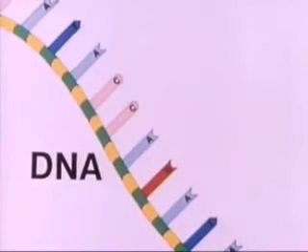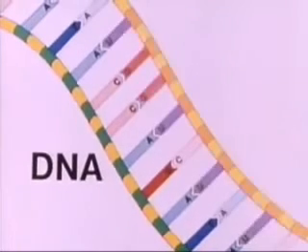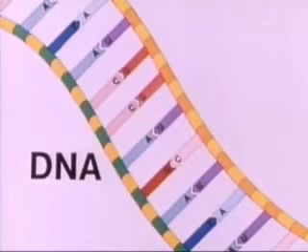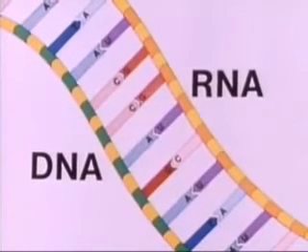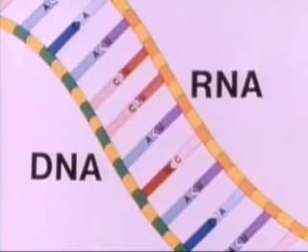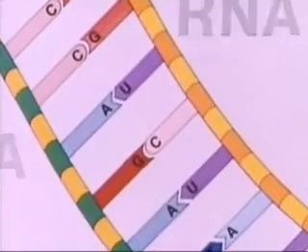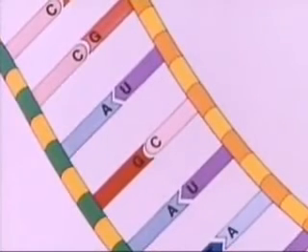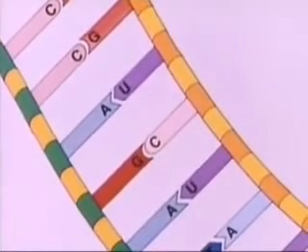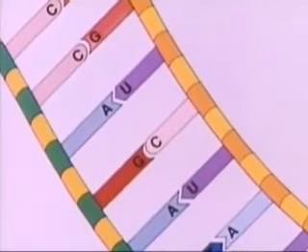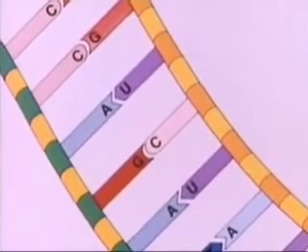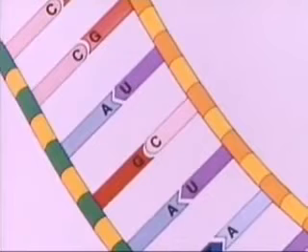The spiral unzips again, and this time a slightly different strand builds up alongside the DNA strand. This is ribonucleic acid, RNA, in a form called messenger RNA. It's like DNA, except that the green deoxyribose groups are replaced by ribose groups, here coloured orange, and at the same time the base thymine present in DNA is replaced by uracil, here coloured purple.